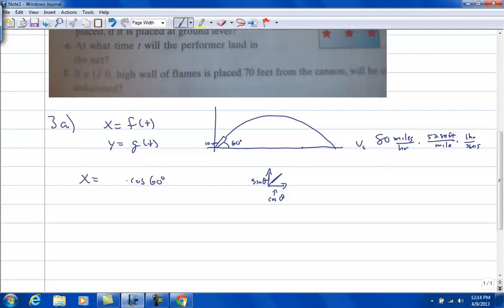So this is our initial velocity. That's going to be what? I get 117.33 feet per second.